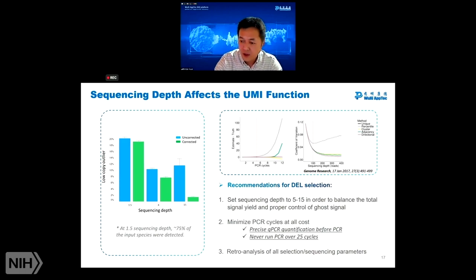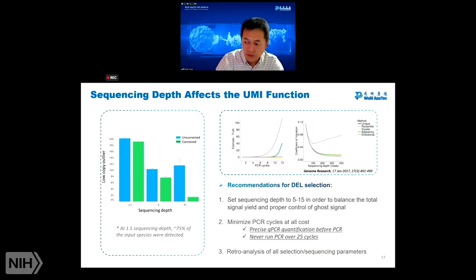Okay, the more sequencing depths we give to a sample, the less useful sequence we're going to get out of that. So in practice, the recommendation, at least from us, is to set the sequencing depths to 5 to 15, such that you have a balance between the total signal yield and the proper control of the ghost signal.